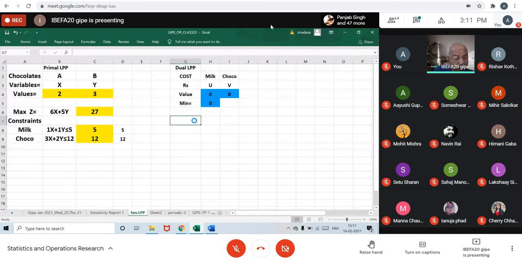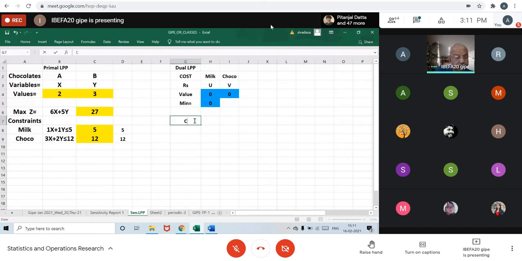Therefore, constraint number 1: 1 quantity of milk multiplied by the U value plus 3 quantity of choco will be the total requirement of producing X biscuit. So this quantity should be initially 0.